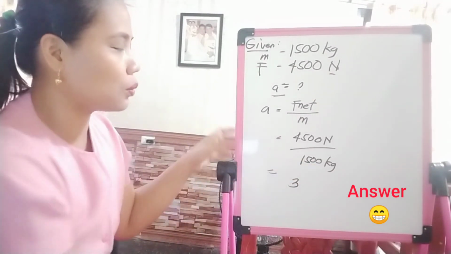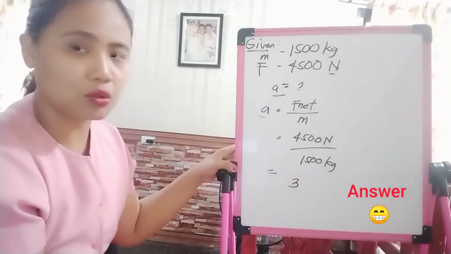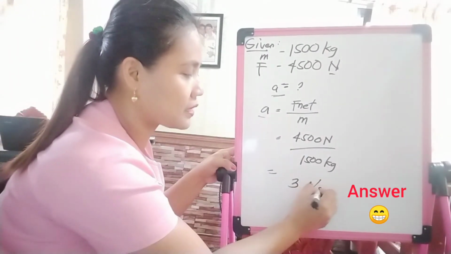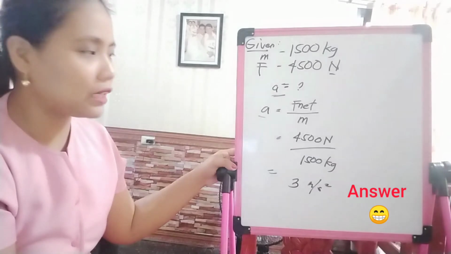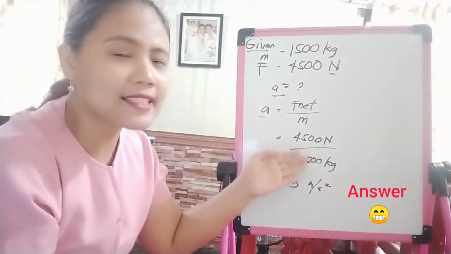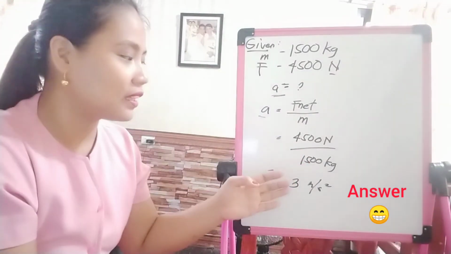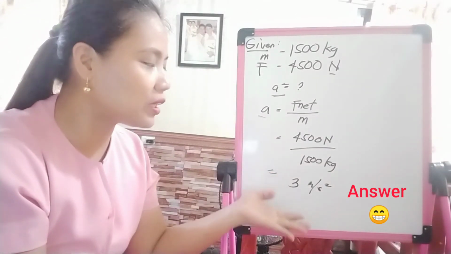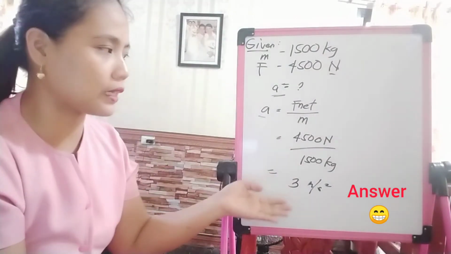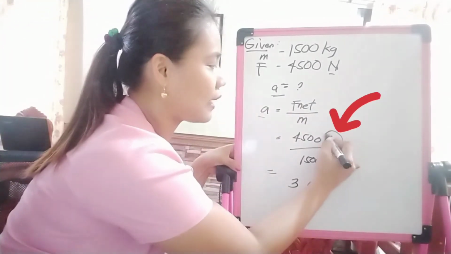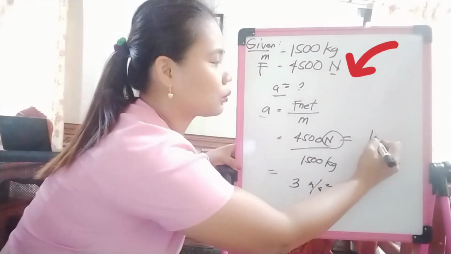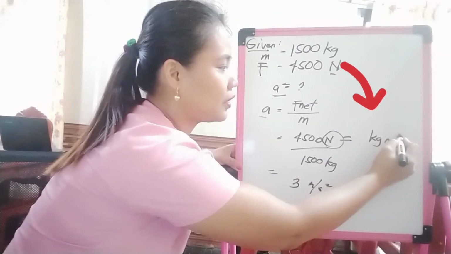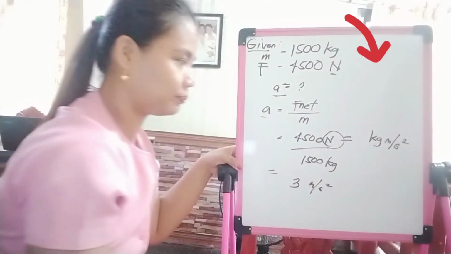So this time, we will find out what is the unit of our answer. We already know that the unit of acceleration is meter per second squared. But by canceling units, let us find out how we can get the unit which is meter per second squared. Remember that Newton is equal to kilogram meter per second squared.